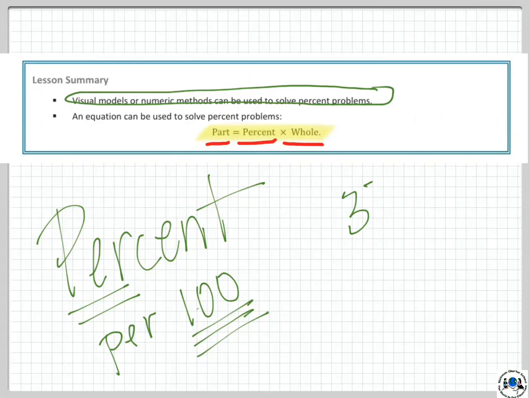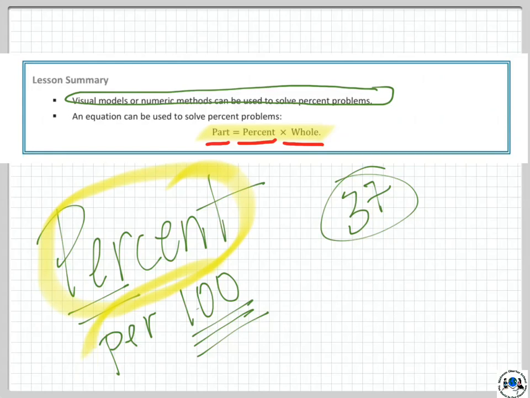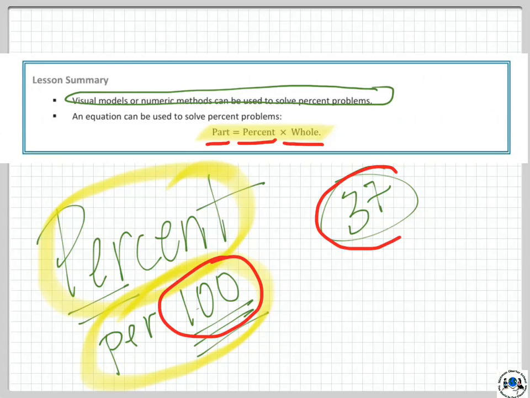Even if you had a class of 37 students, you are still going to calculate percent per 100. That just means, if you had 100 kids in your class, you would have a certain number who would have gotten an A, which is the same as 37% of just looking at a class of 37.